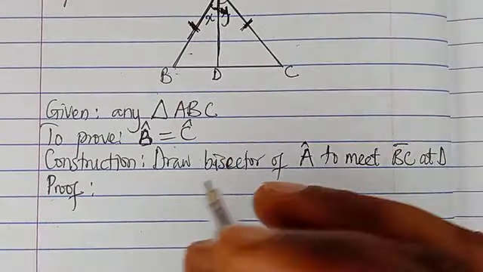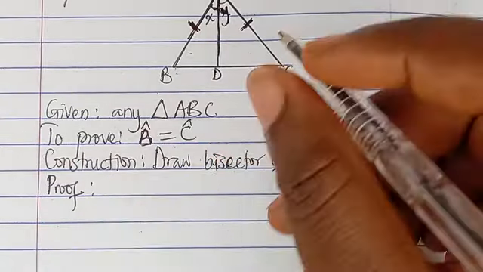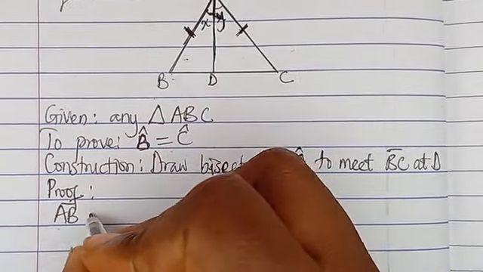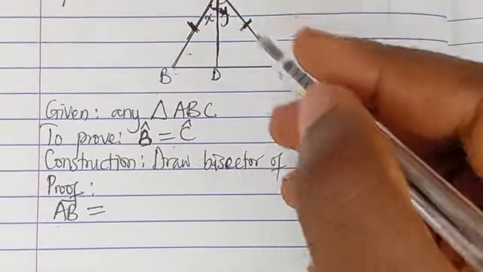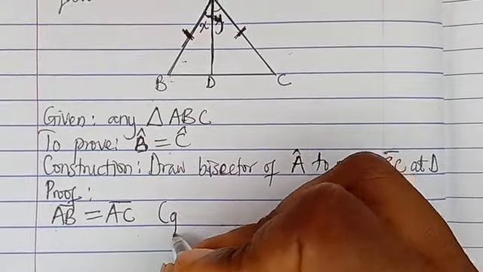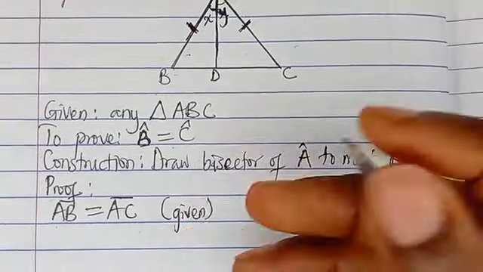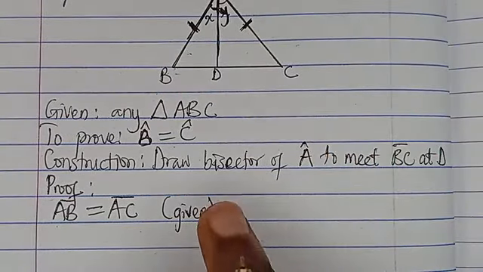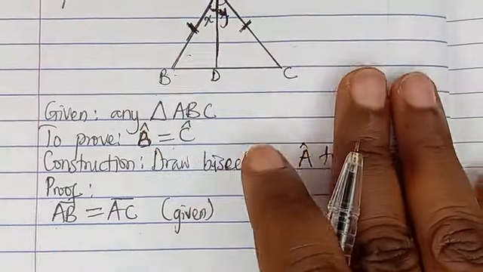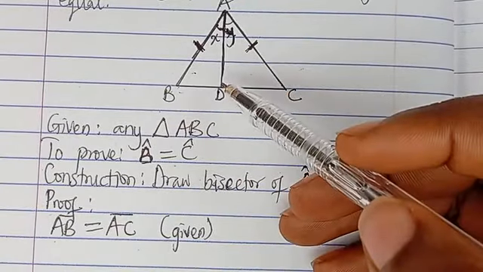We are going to use congruency of triangles to prove this. We are going to say that line AB is equal to line AC, and it is already given because this is an isosceles triangle and these are the two equal sides. So the reason for making this statement is that it was given. We also see that line AD is shared by the two triangles.